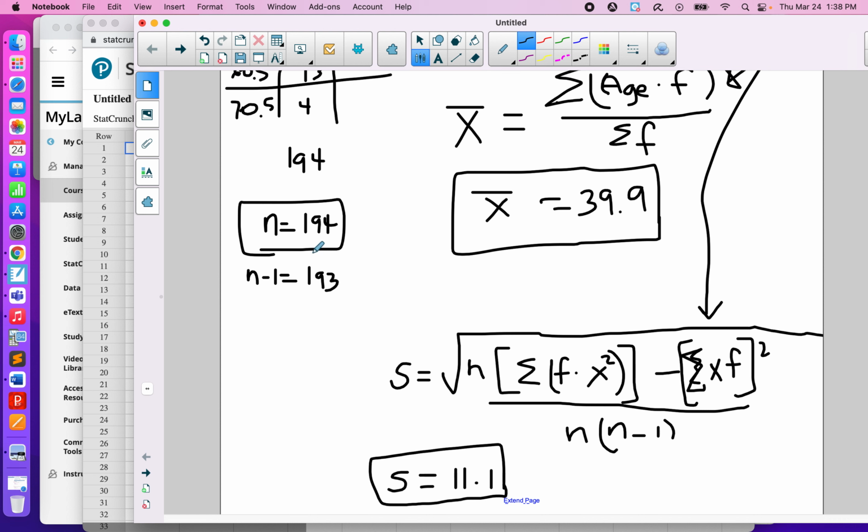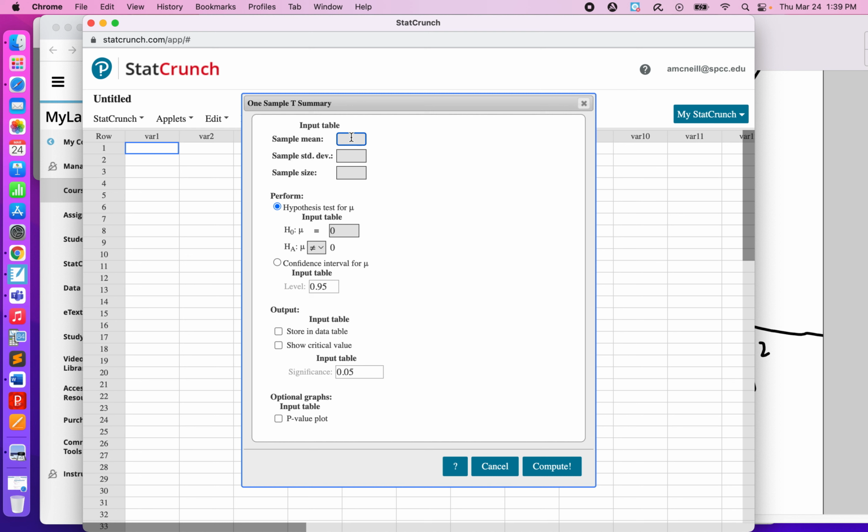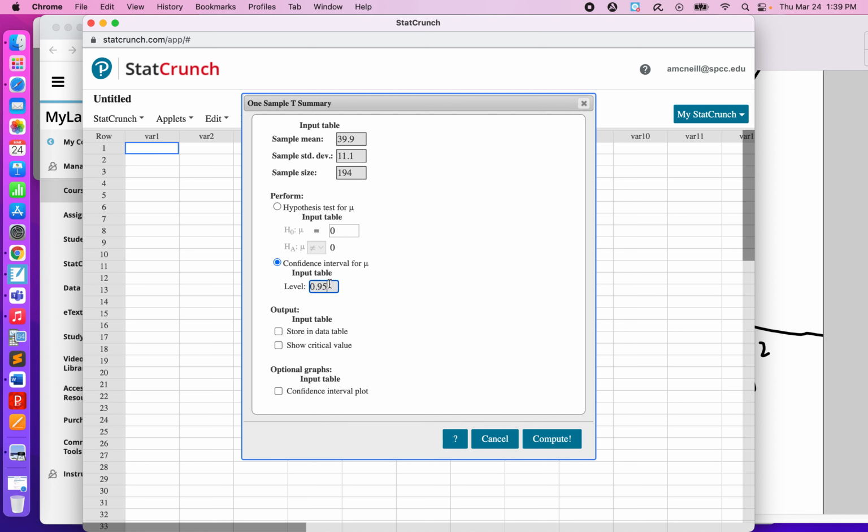Now, because our table does not have a degree of freedom that includes 193, we have to use the technology. So we come over here and we put in our mean, which is 39.9, our standard deviation, which is 11.1, and our sample size, which is 194. We haven't done hypothesis testing yet, but it's coming next week, so we're going to do the confidence interval, a 99% confidence interval.